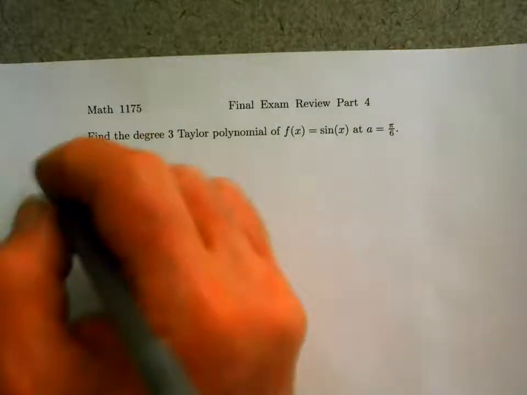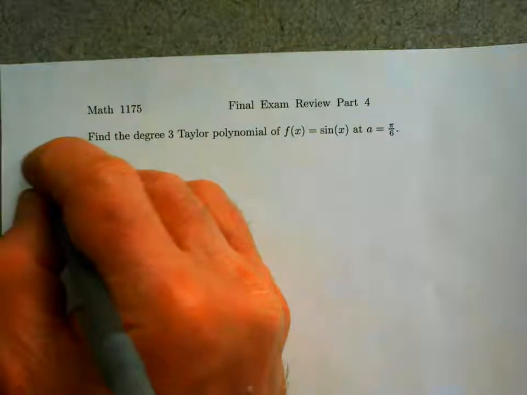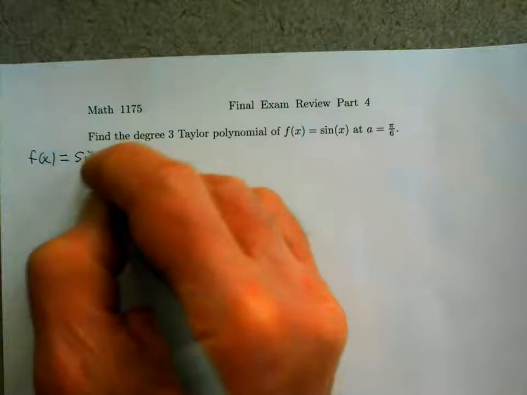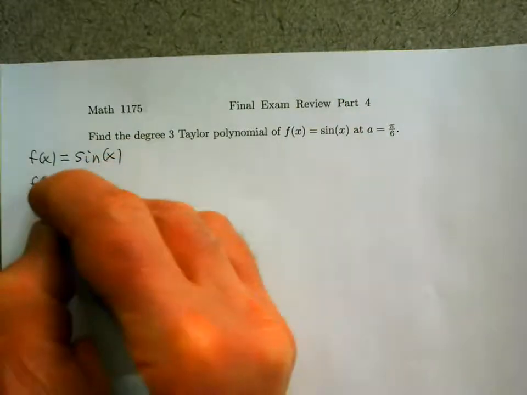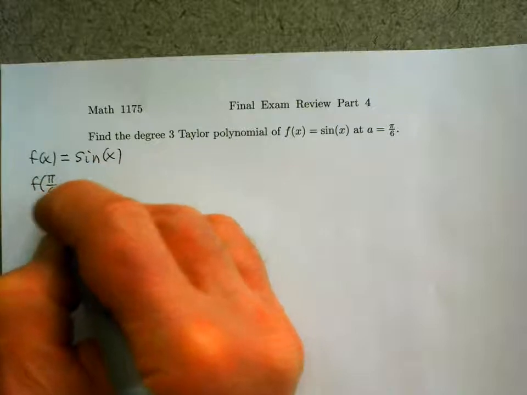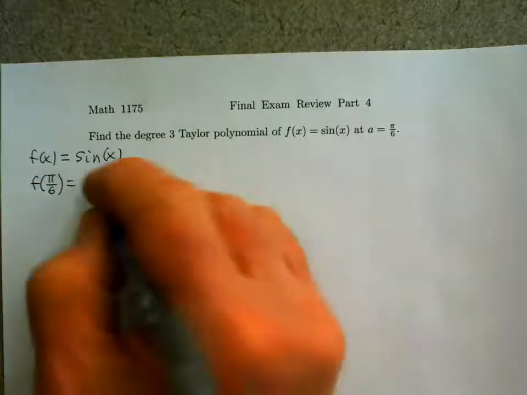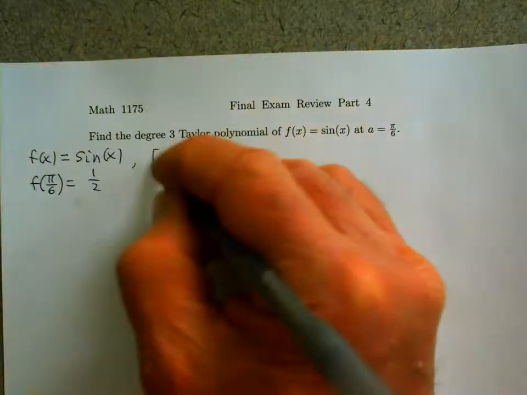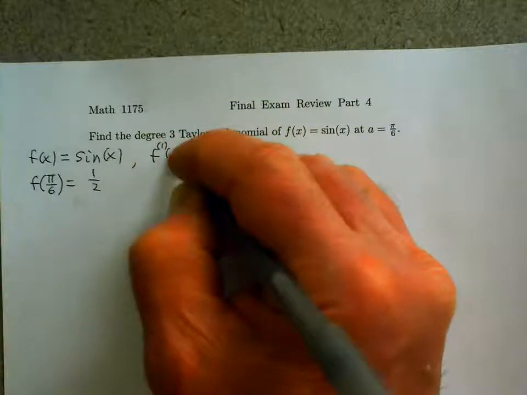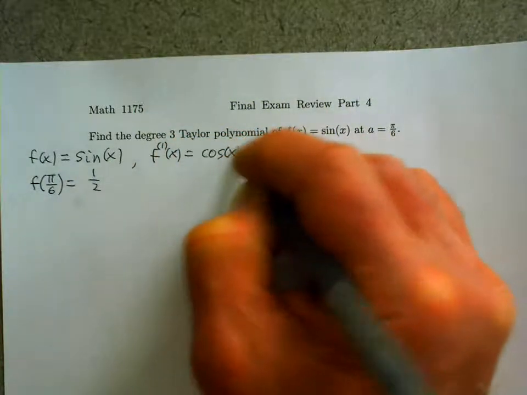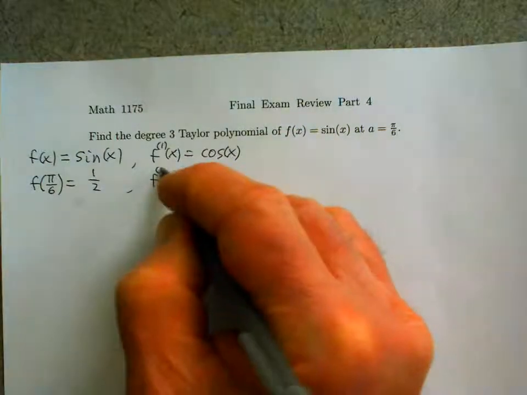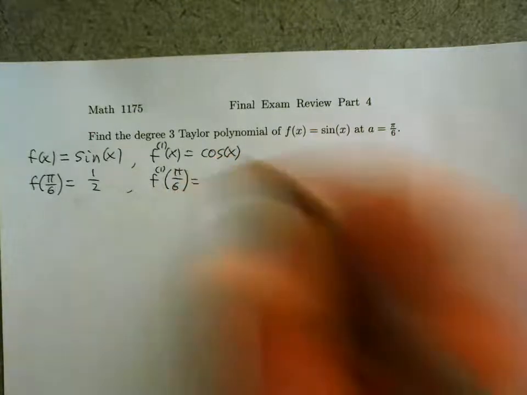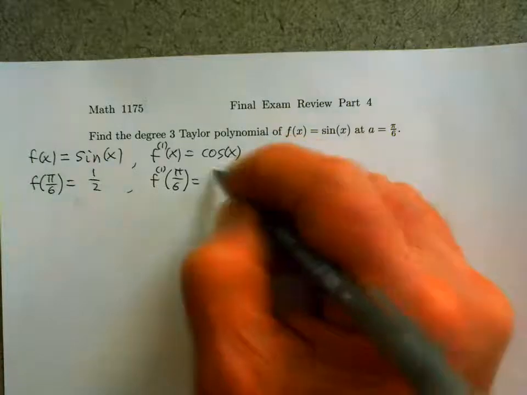Okay, so to find the coefficients, I'll just rewrite that f of x is equal to sine of x, and f evaluated at pi over 6, sine of pi over 6, is 1/2. Then we need the first derivative of sine, which is just cosine of x. And then we evaluate the first derivative at the value of a, pi over 6. And cosine of pi over 6 is the square root of 3 over 2.